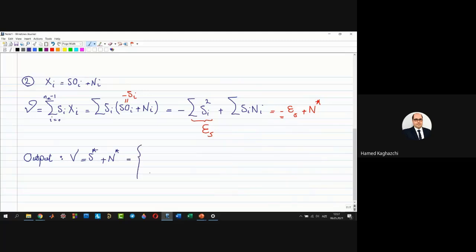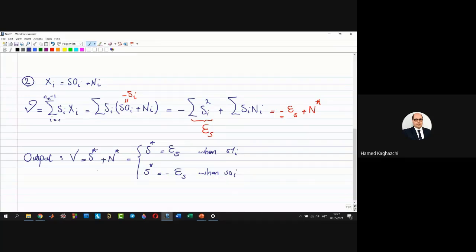And my S star will be equal to the energy of the signal when I have S1, and S star will be equal to minus the energy of the signal when I have S0.